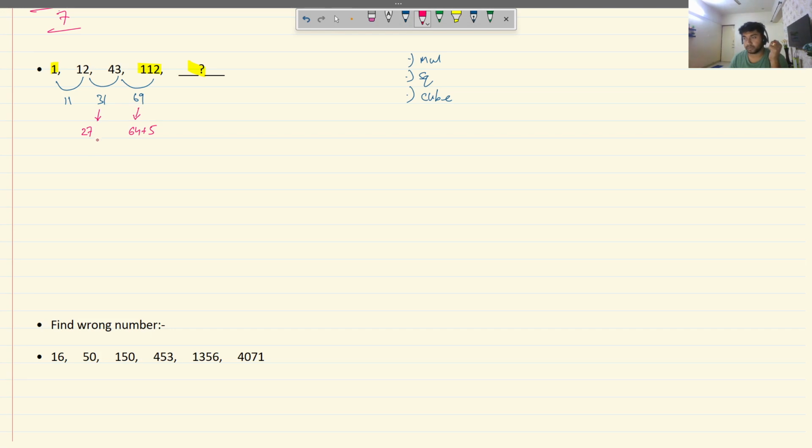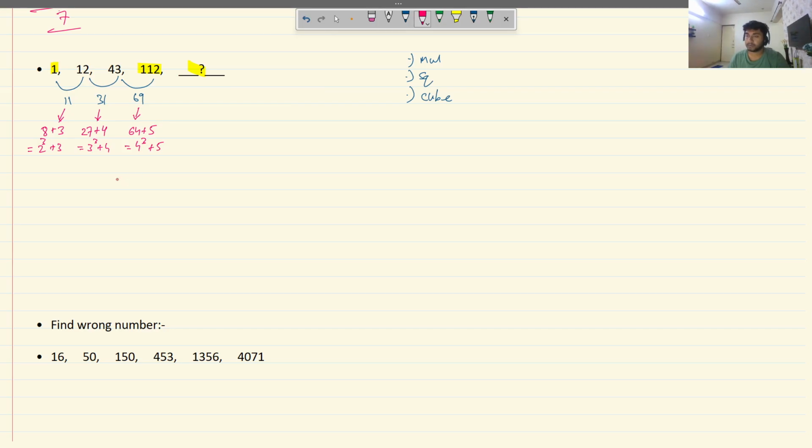It is again a perfect cube. 27 plus 4 gives me 31, and 11 is close to perfect cube, that is 8 plus 3. That means 8 is 2 cube plus 3. 27 is 3 cube plus 4, and sorry, not 5. 64 is 4 cube plus 5.